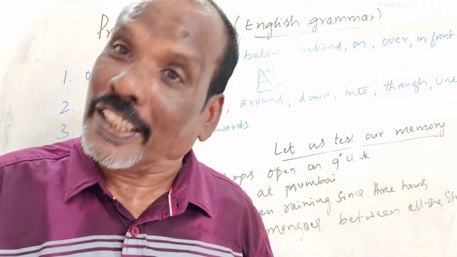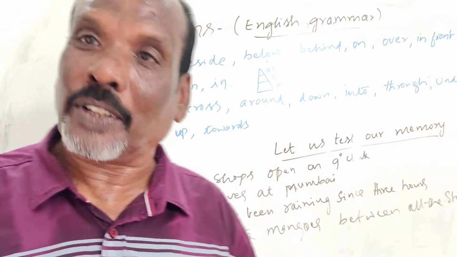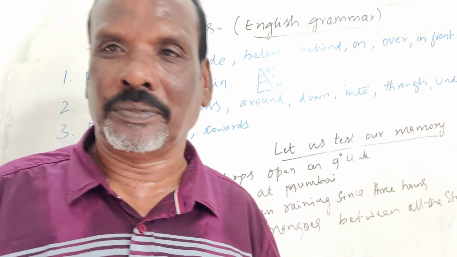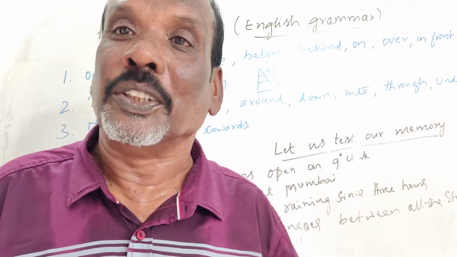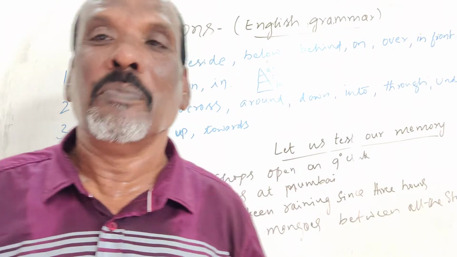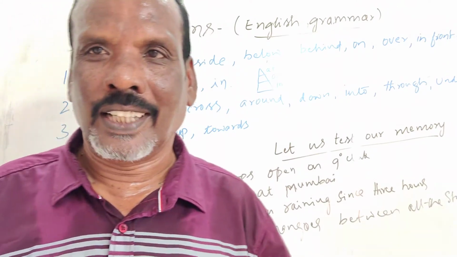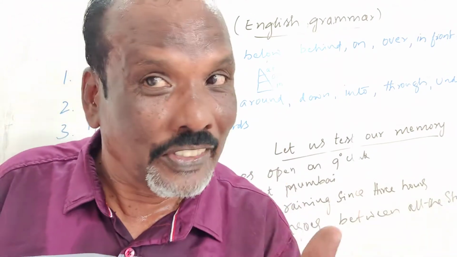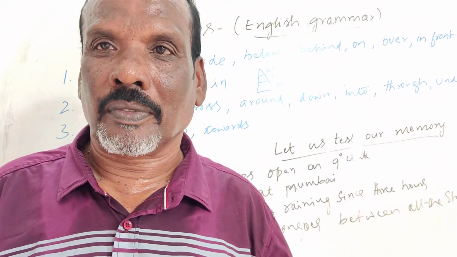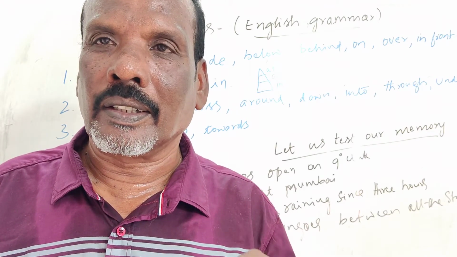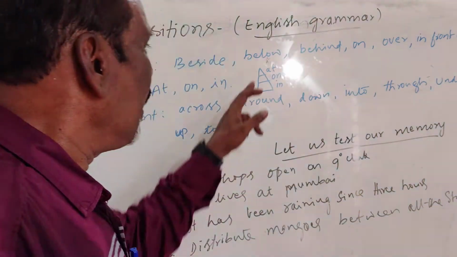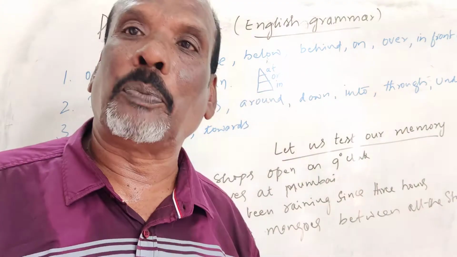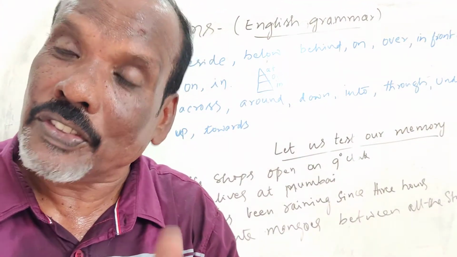And for the year, for the decade, for the week, for the month, we use in. I will meet you in the next week, not on the next week. Did you understand? So, at-on-in prepositions, you must know.